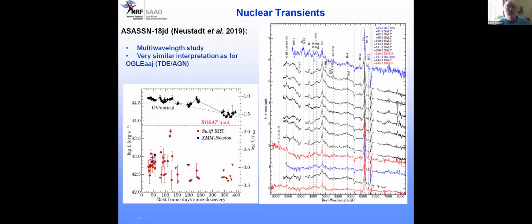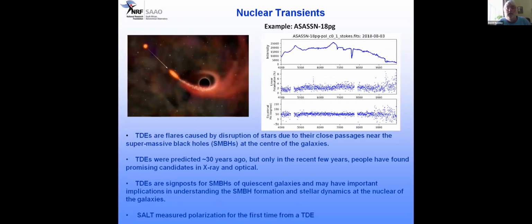These are all observations taken of this transient system, an ASAS-SN discovered system, which again, it's not clear whether it's a variable AGN or a tidal disruption event. But again, it's representative of a multi-wavelength study where the SALT spectra are quite important in interpretation of the data.